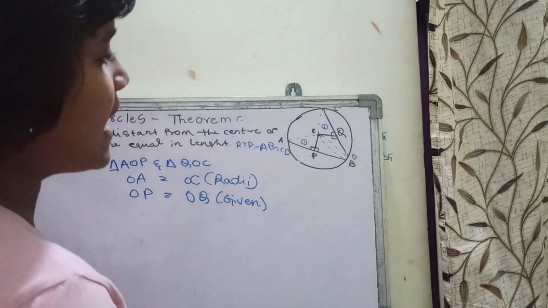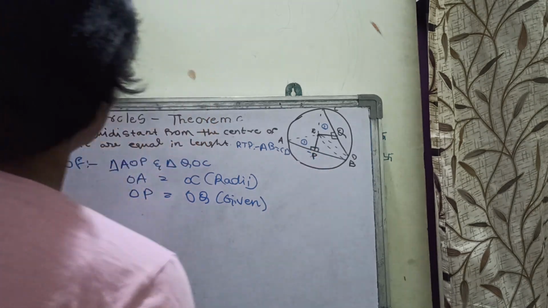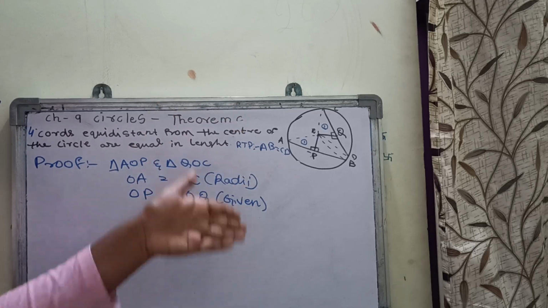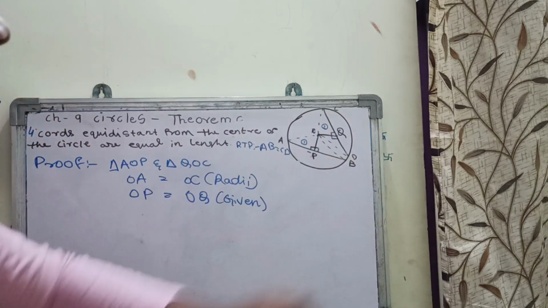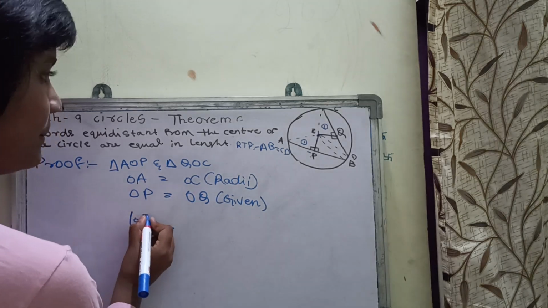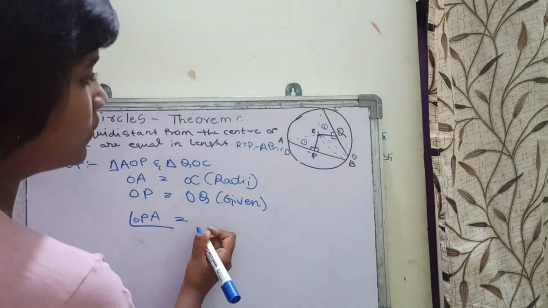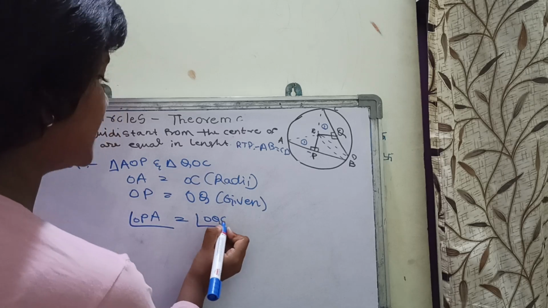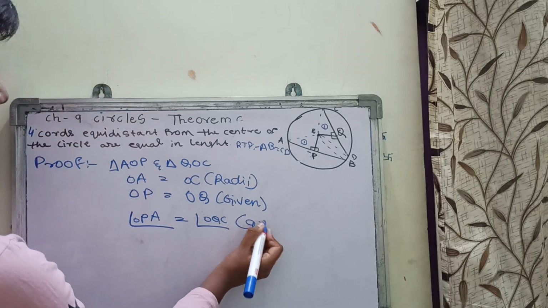And what else do we have here? 90 degrees. We draw perpendicular. The diagram shows that it is 90 degrees here. What can we say? Angle OPA is equal to angle OQC, 90 degrees.